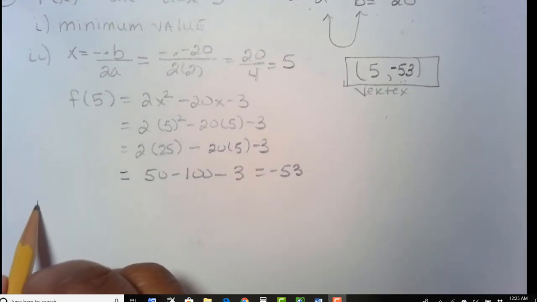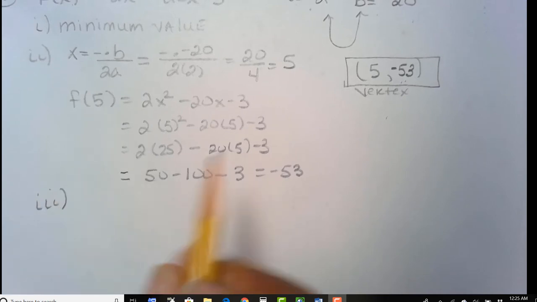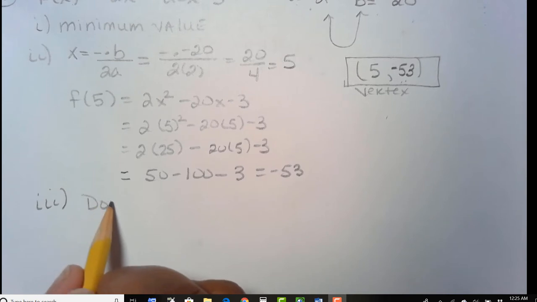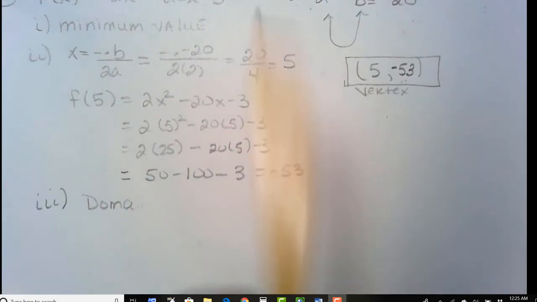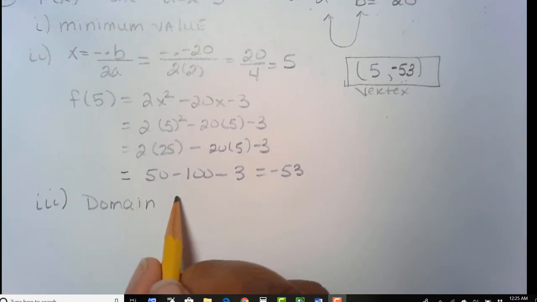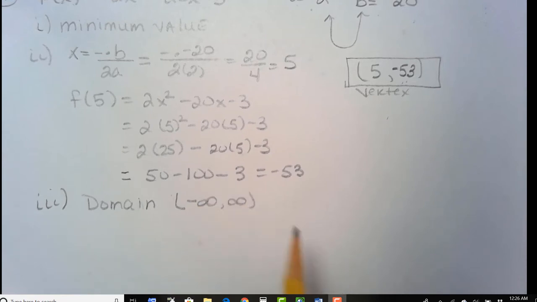And then the last part, let's find its domain and range. So I want you to think about it. Our domain, since x is being squared, is negative infinity to positive infinity.